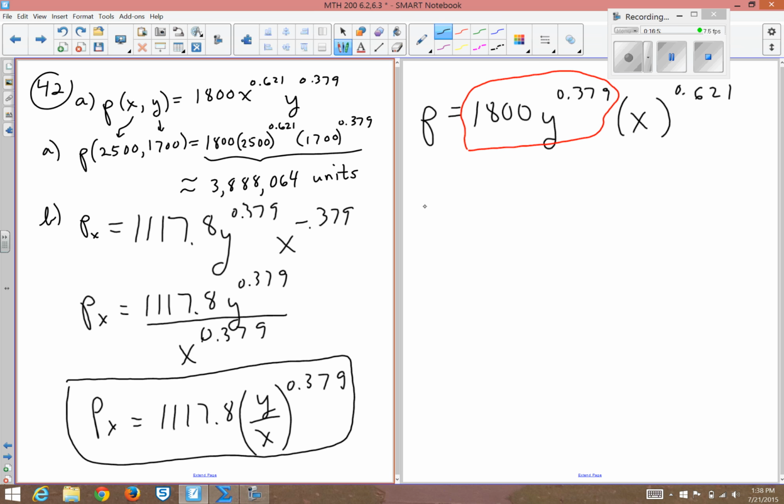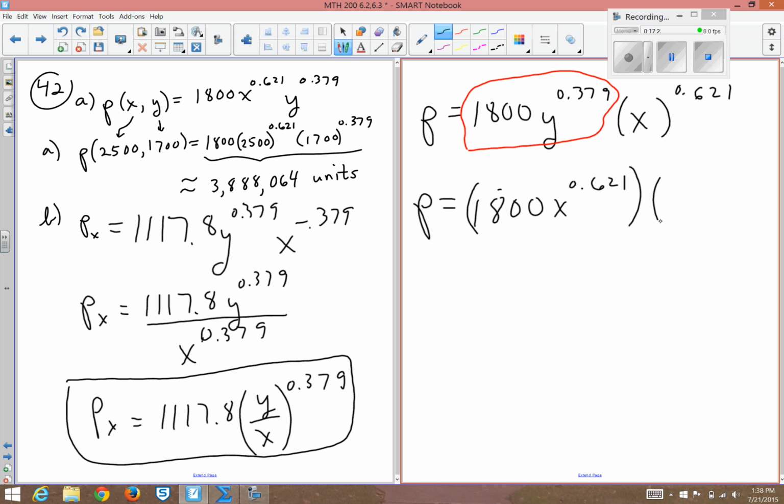But we're not done with part B because we also want the marginal productivity with respect to y. So now when we take the derivative of what P equals, we're going to pretend x is a constant. So before I do this, I'm going to rewrite the given. It's given that P equals 1800 x to the 0.621 times y to the 0.379.